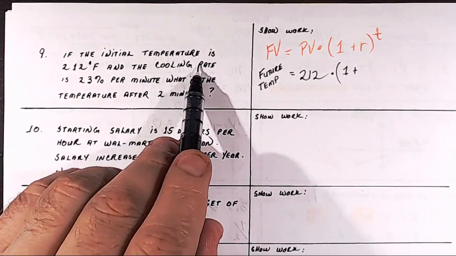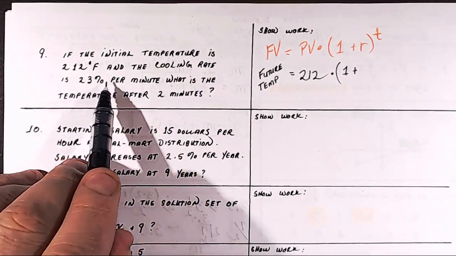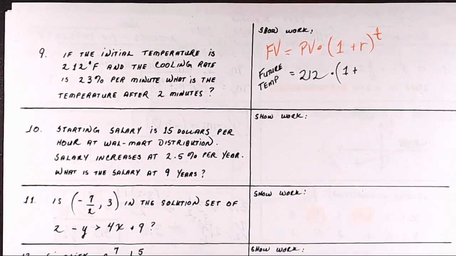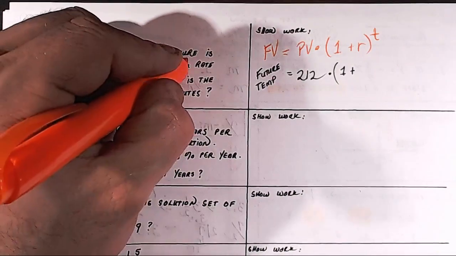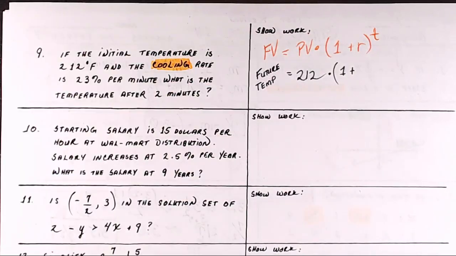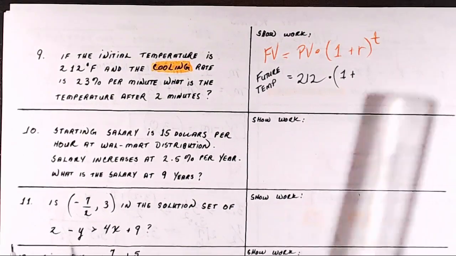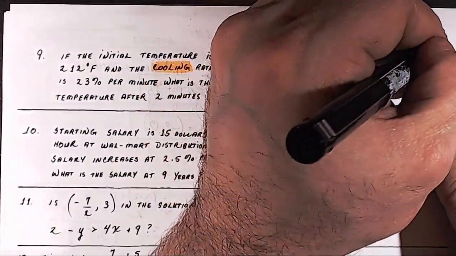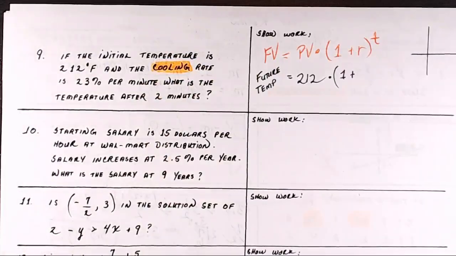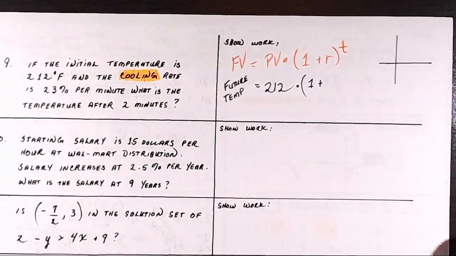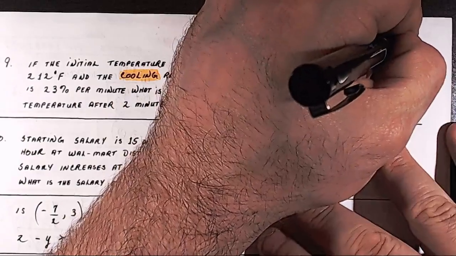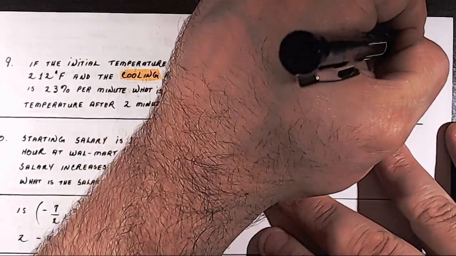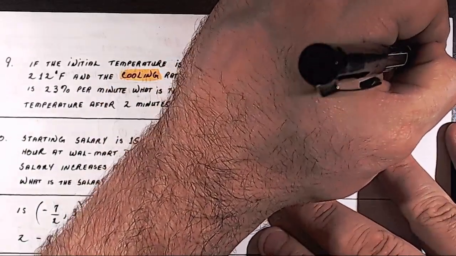It says here the rate is 23 degrees per minute, but that word rate is being modified in this problem by the word cooling. So it's cooling off. If I'm drawing a picture of this, I want to show a declining graph. So I want to show something that's starting hot and getting cold, right?